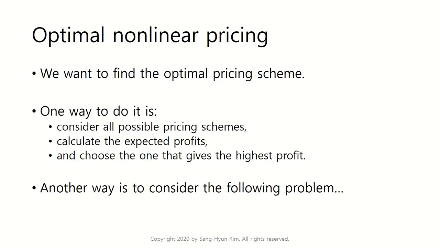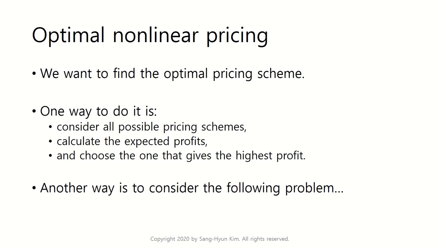And now we move on to the next topic, which is the most interesting case. In this discussion, we want to characterize the optimal pricing scheme, or the optimal nonlinear pricing. So it's the second degree price discrimination, but we want to find the optimal one among all possible pricing schemes.